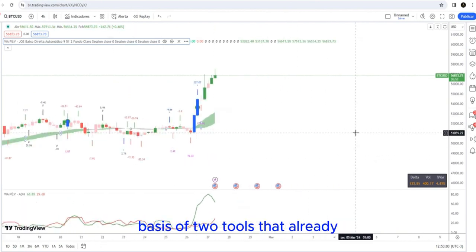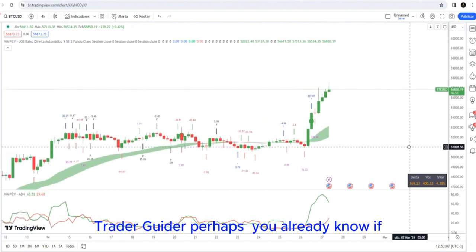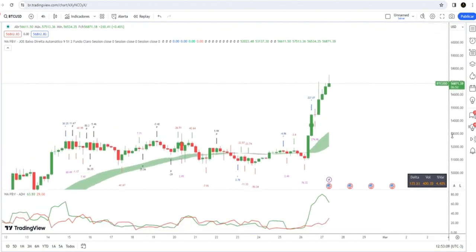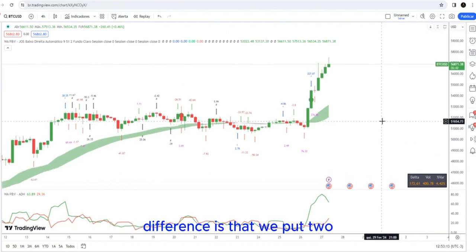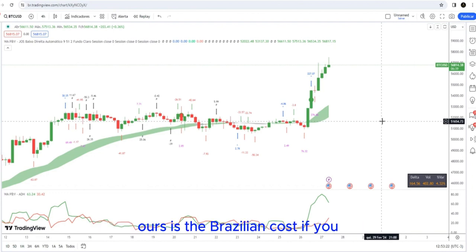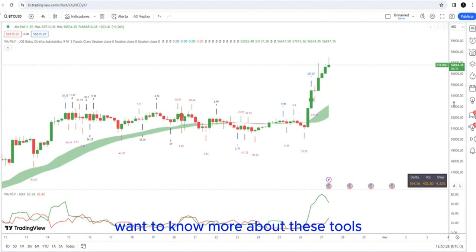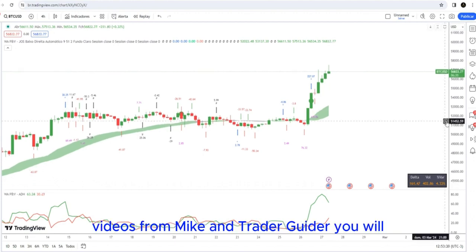One of them is the Trader Guider, perhaps you already know it if you operate VSA, and the other is the Box Wave. The difference is that we put 2 tools in one with the Brazilian cost, while everything there is in dollars and ours is in the Brazilian cost. If you want to know more about these tools, for Box Wave you will see videos from Mike, and for Trader Guider, you will see videos from Gavin Holmes.